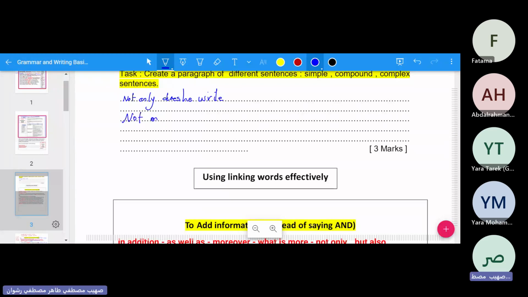Say also, not only will they come. Question form. Not only had he sent. So the rule is not only is followed by a helping verb that creates a question form.